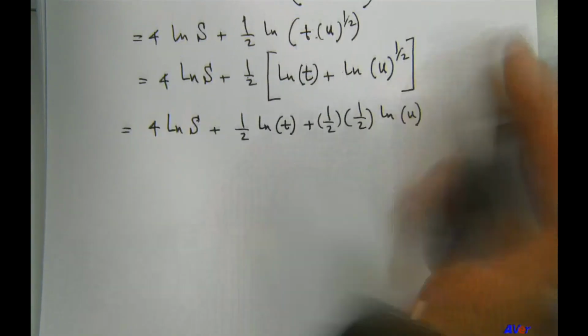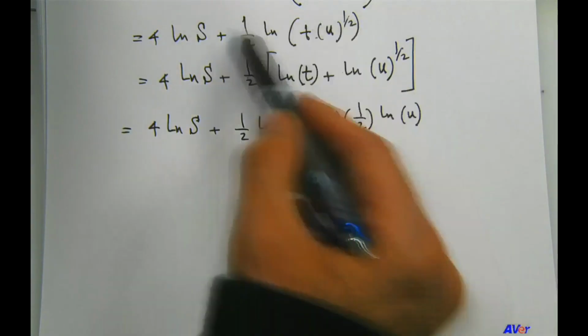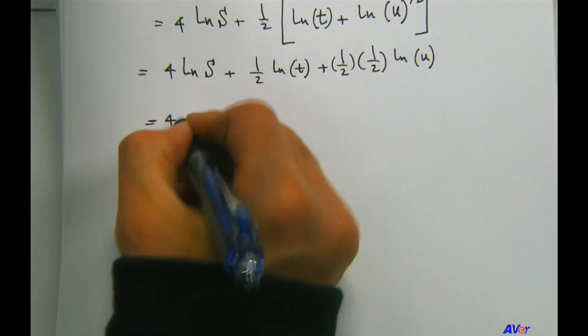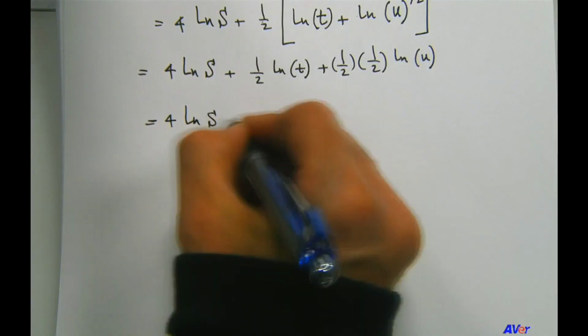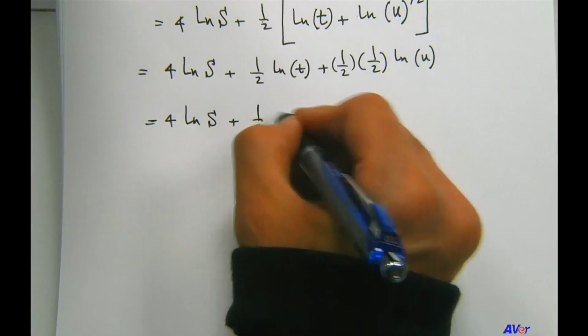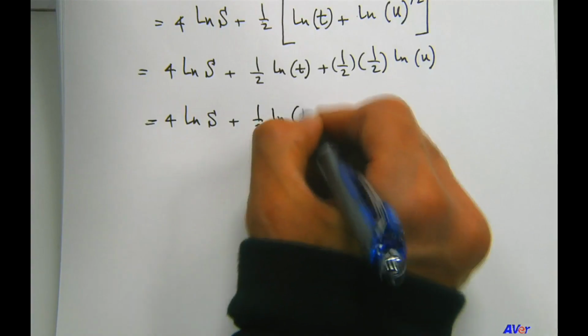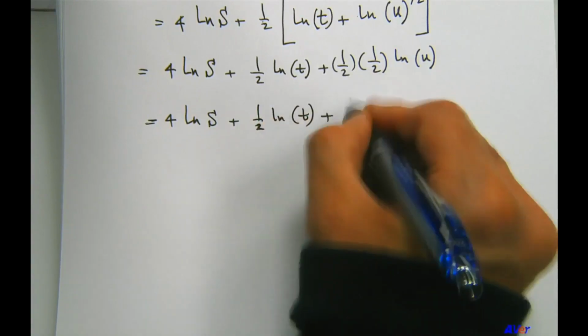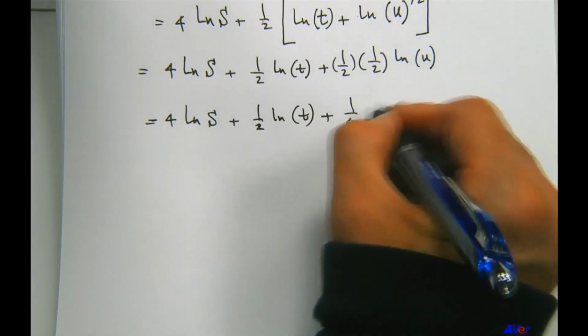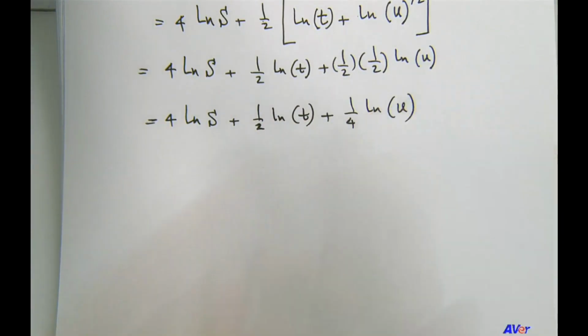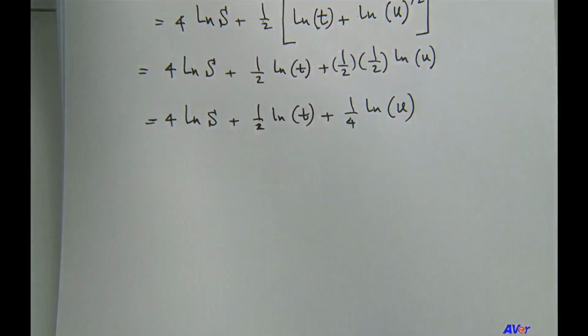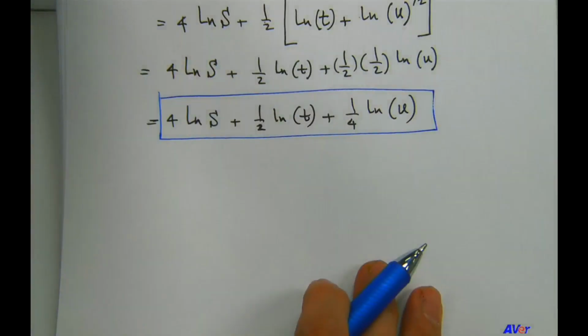And if you can see from here to here, you can certainly jump from here to here, to save time. So 4 natural log of s plus 1/2 natural log of t plus 1/4 natural log of u. Can we expand this any more than what we've done? No, right? This is the full expansion of the original expression. So let me box my final answer like that.